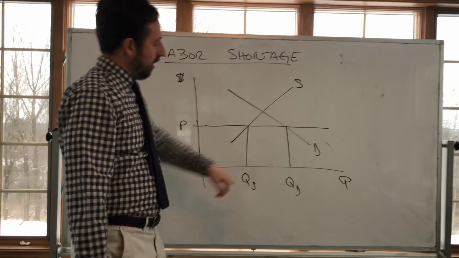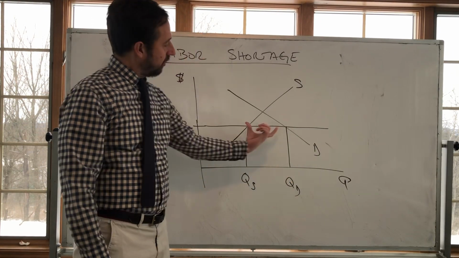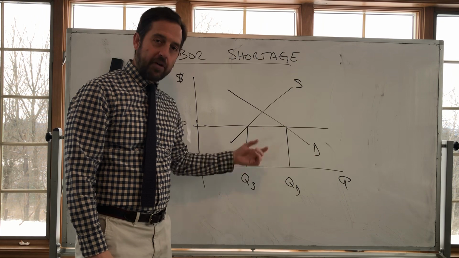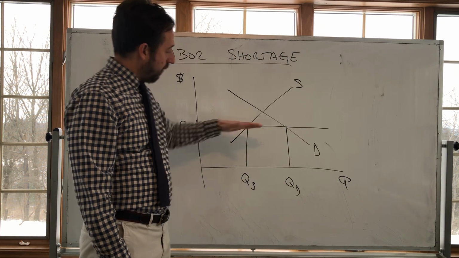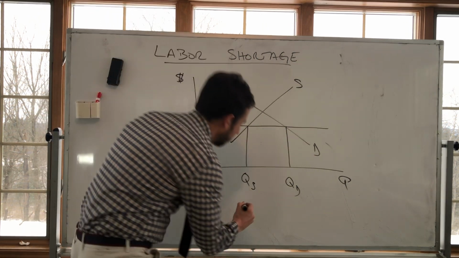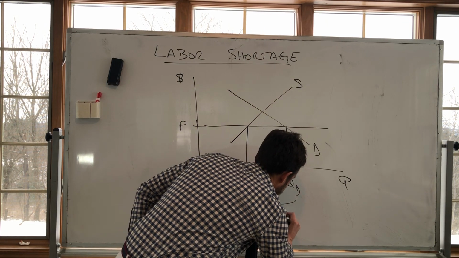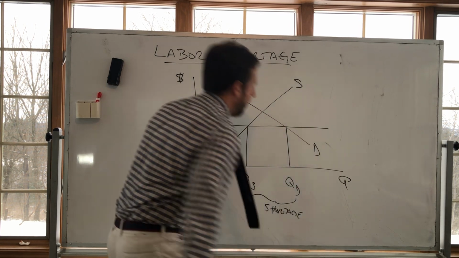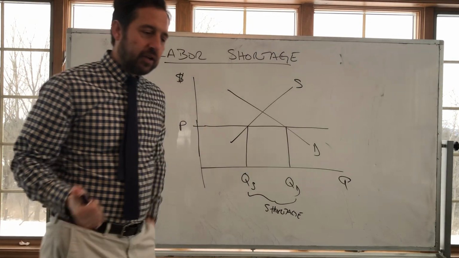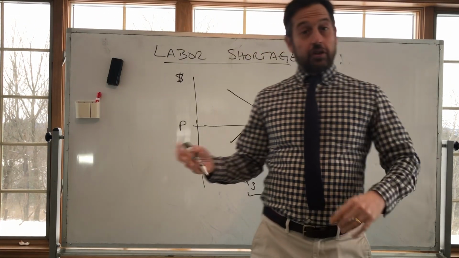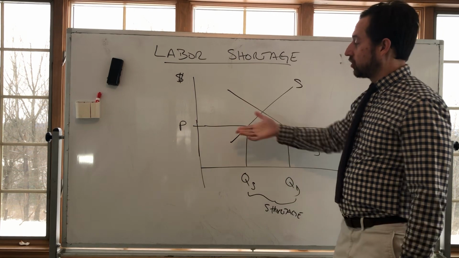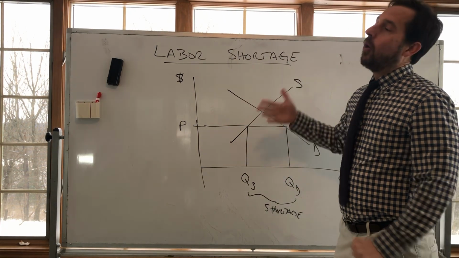The quantity demanded by the market is a lot more than the quantity supplied at this price. So now we have a shortage. But it's not really a shortage. They're calling it a shortage. What's going on is they just don't want to pay the market clearing price.